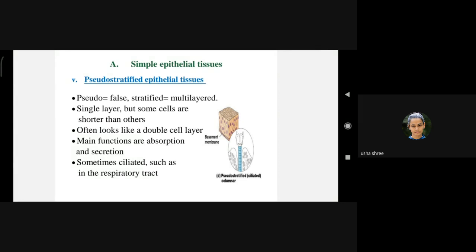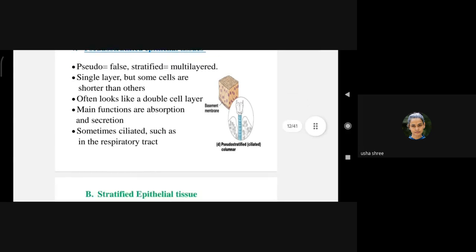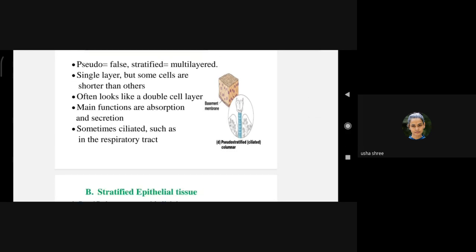They are not actually multi-layered. That is why they are termed pseudostratified. Main functions are absorption and secretion. Sometimes ciliated also, such as in the respiratory tract.